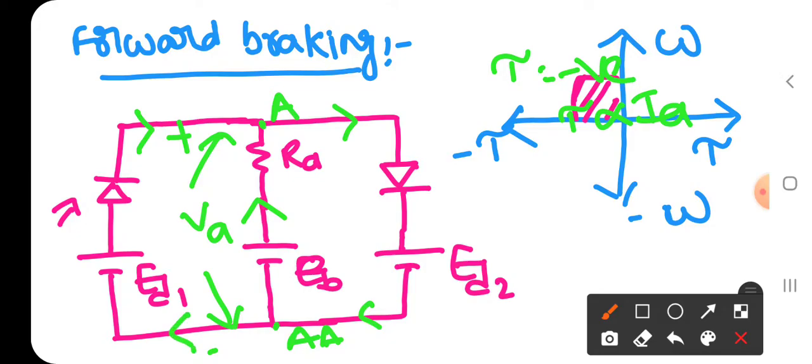Let's write a few points. In this quadrant, the torque produced is negative, that is counterclockwise.